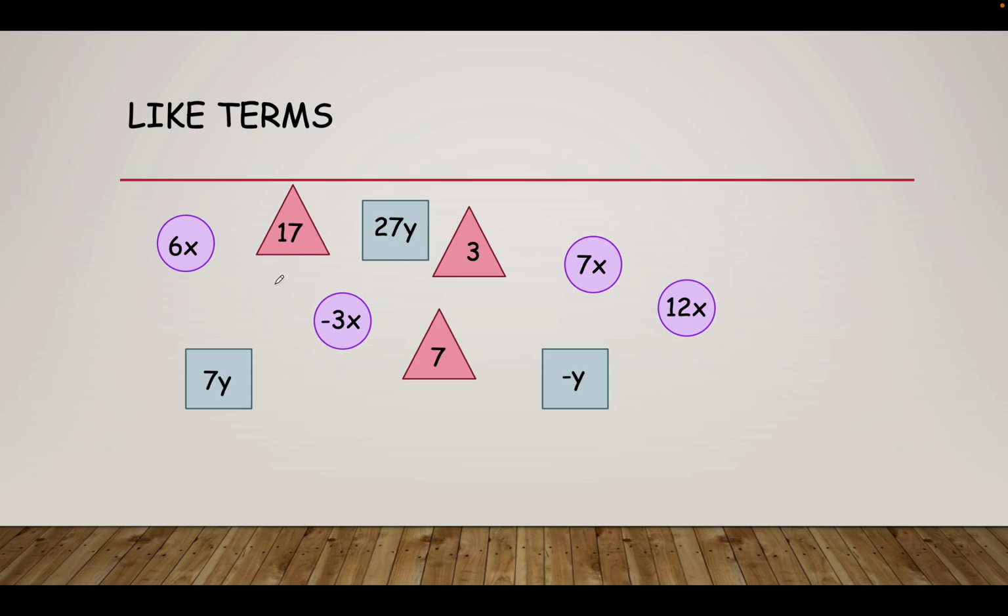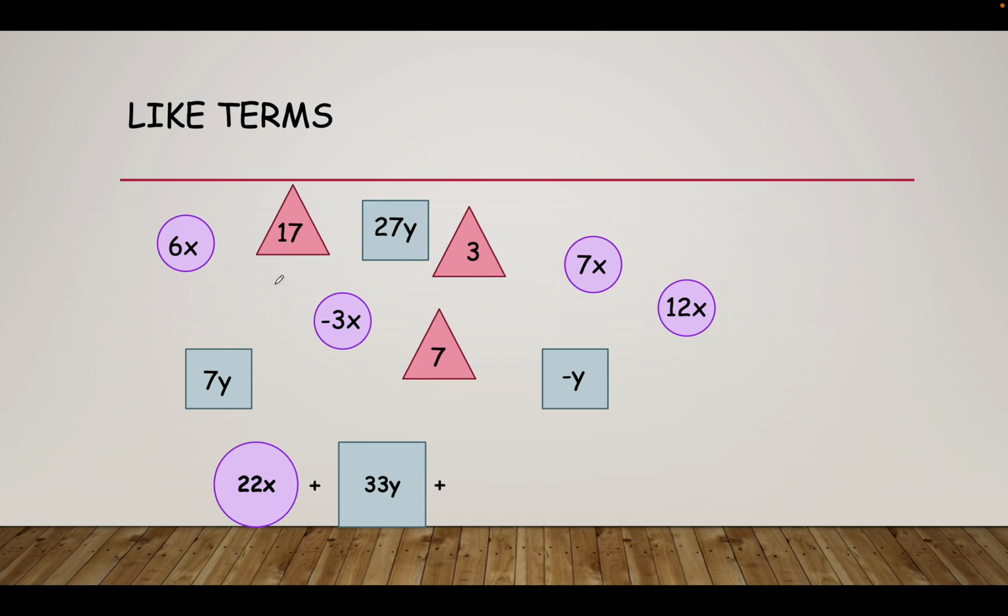Now, when we have all these like terms, in these examples we're going to want to simplify, meaning combining our like terms. So if we combined all of the x's inside those purple circles, we would have 22 of them. If we combined all of the y's, we would have 33.